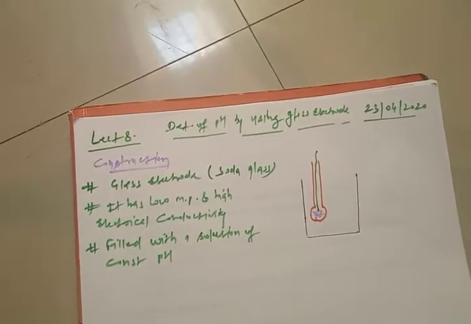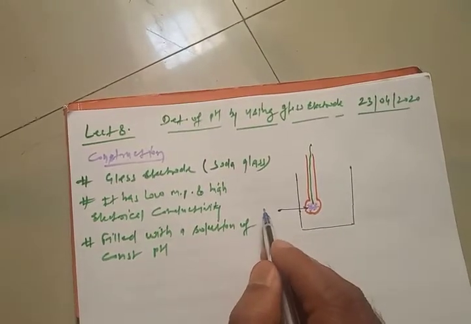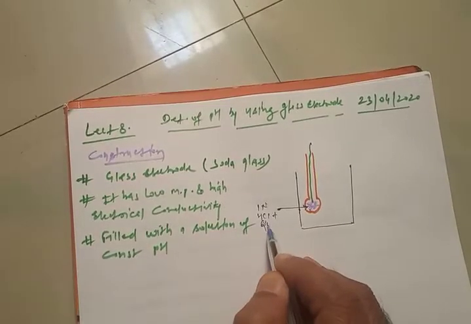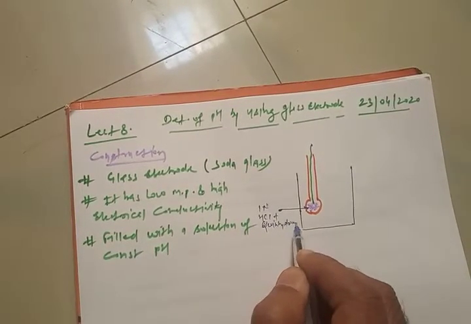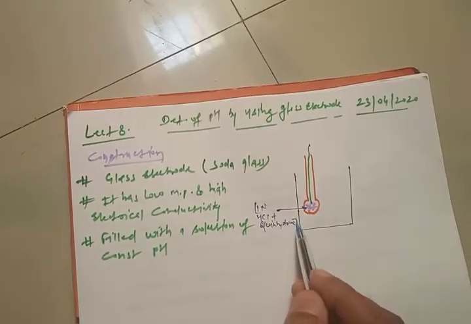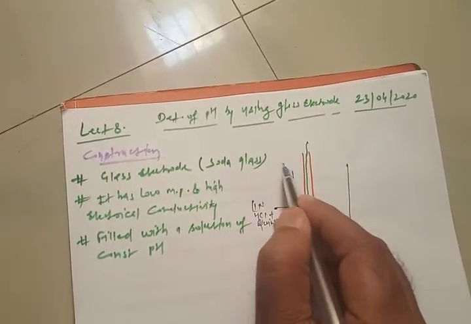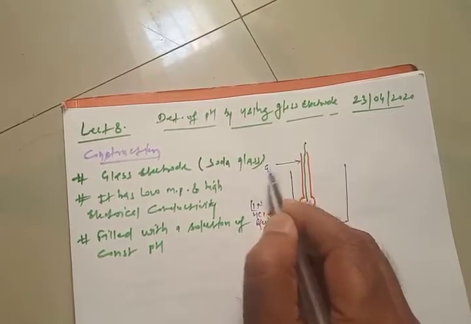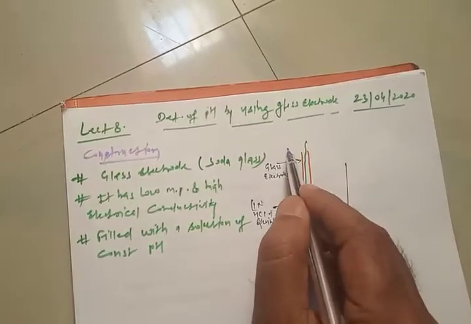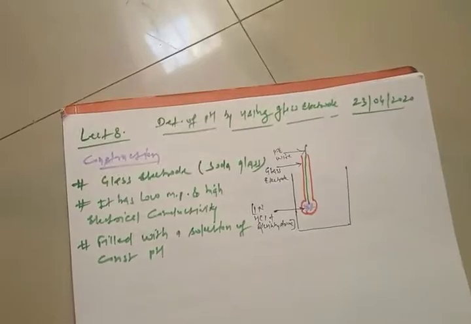It is 1N HCl plus quinhydrone. Quinhydrone we have already discussed in our previous video. So it is 1N HCl and quinhydrone solution. Got it? And this is the glass electrode, and this is the platinum wire.